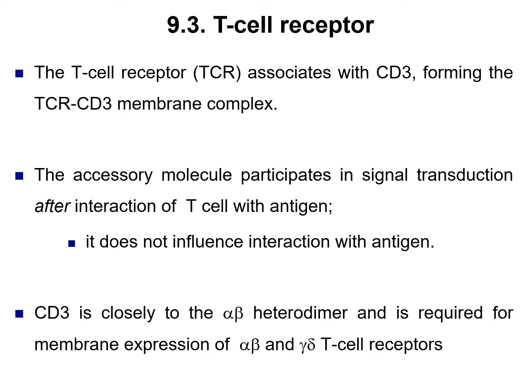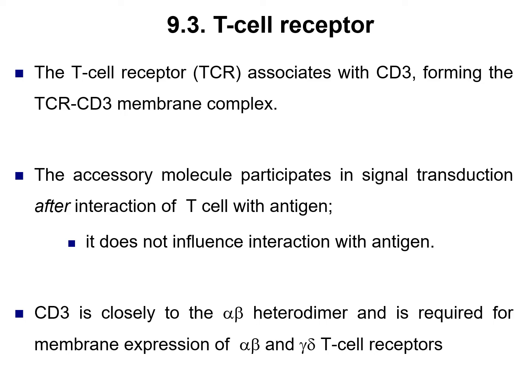The T cell receptor TCR is associated with CD3, and together they form a complex. This accessory molecule participates in signal transduction after the interaction of the T cell with the antigen. It does not, however, influence the reaction with the antigen.